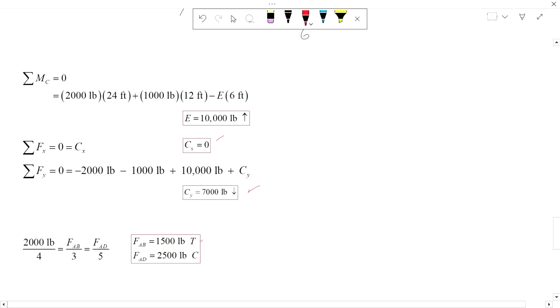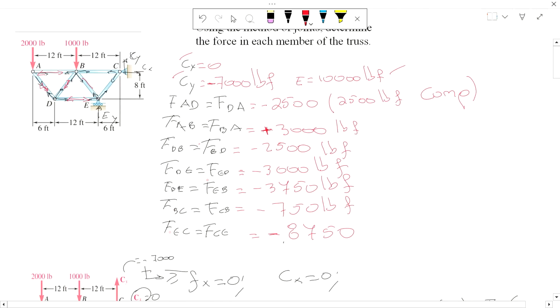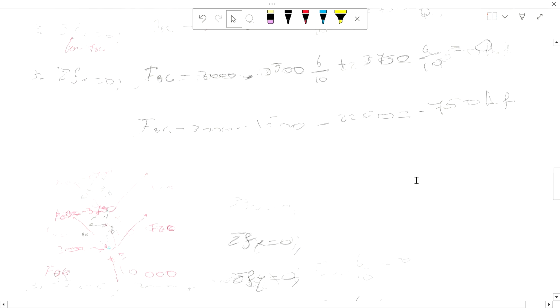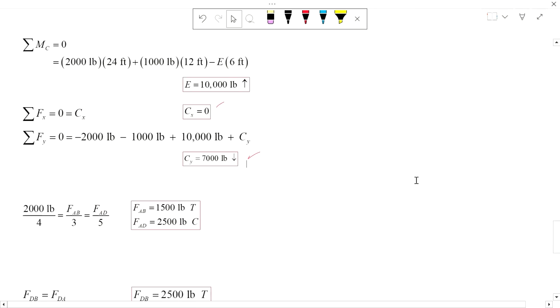All right, FAB is 1500. They're saying it's 1500. I'm saying it's 3000. Why? Because they're doing 2000, which is the force at A, divided by 4. This is the ratio of 8, 6, 10.